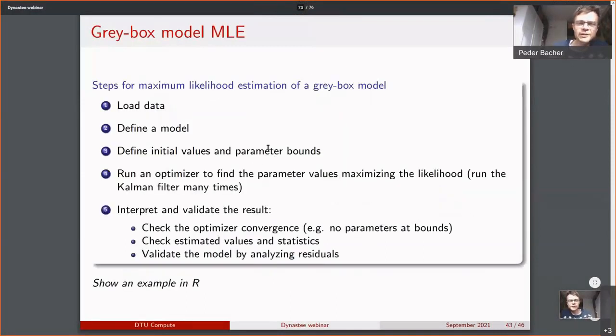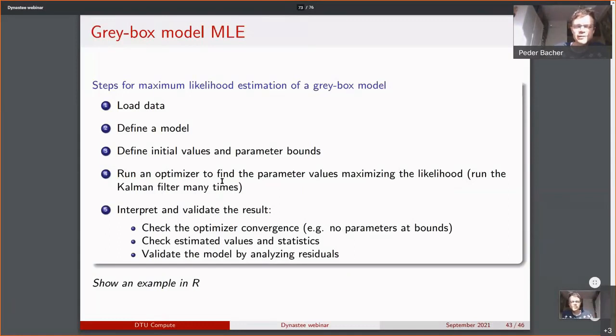But let's go through the steps. When we want to do this greybox model, we load some data, define a model, define the initial values and parameter bounds, then run an optimizer. Given some parameter values in the model, the Kalman filter is used to calculate the likelihood of these values.